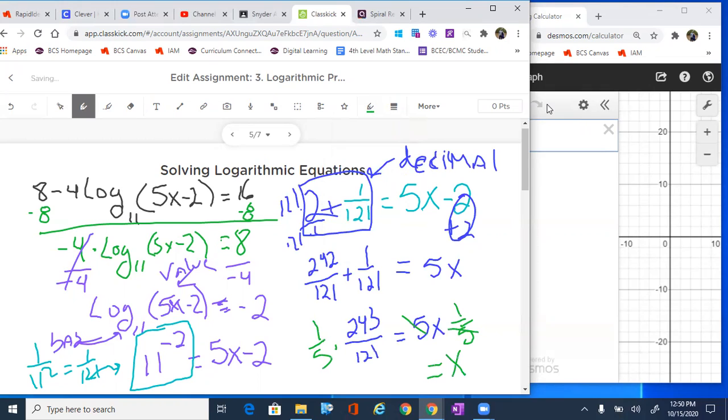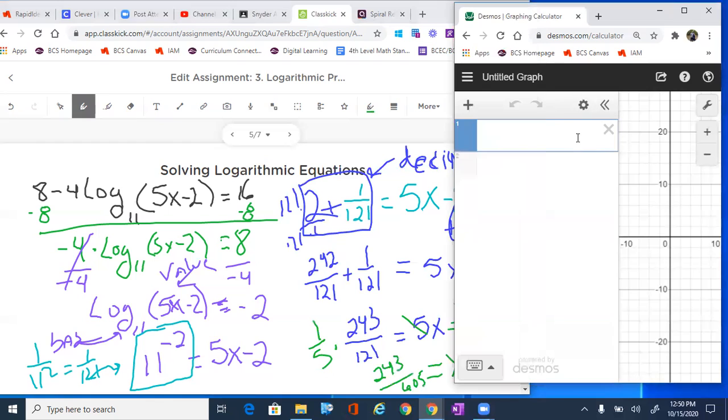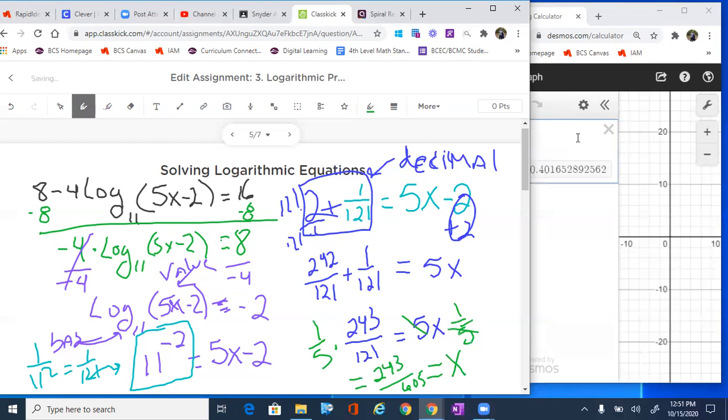X comes out, and I'm going to get 243 over 5 times 121, which is 605. Now, let's go to Desmos. Let's type in 243 divided by 605. That gives me an answer of about 0.4. So x equals 0.4.